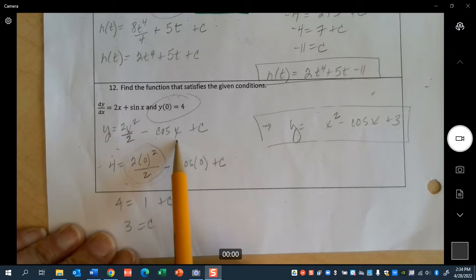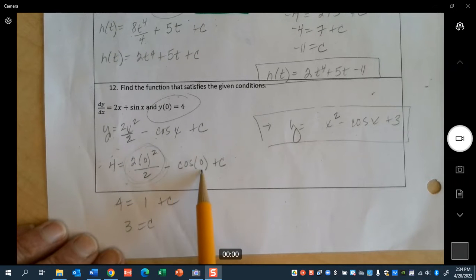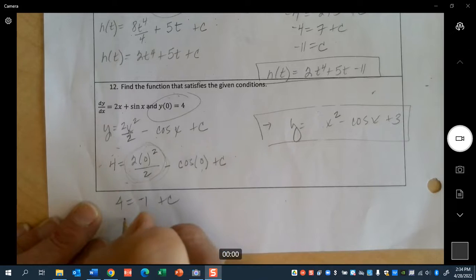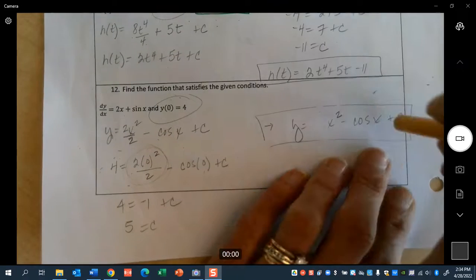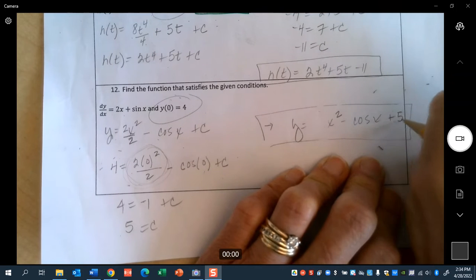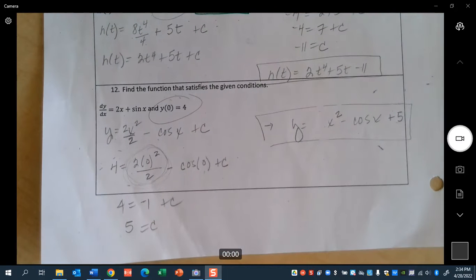And I plug in 0, so the cosine of 0 is 1. Then you add 1, and that'd be 5. Oh, I dropped my negative. So that'd be minus 1, so you add 1, so that'd be 5. That's awesome. Are we good? We like that better?